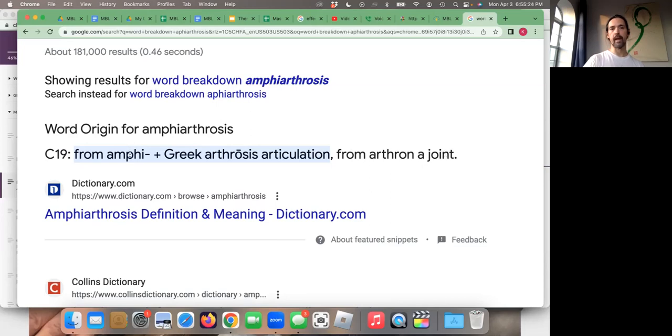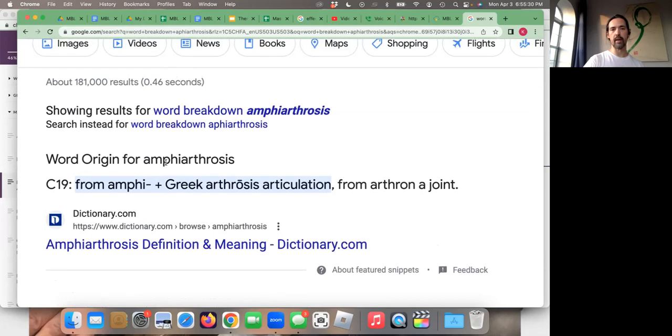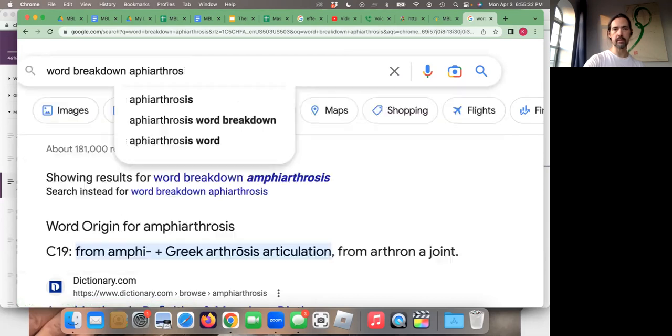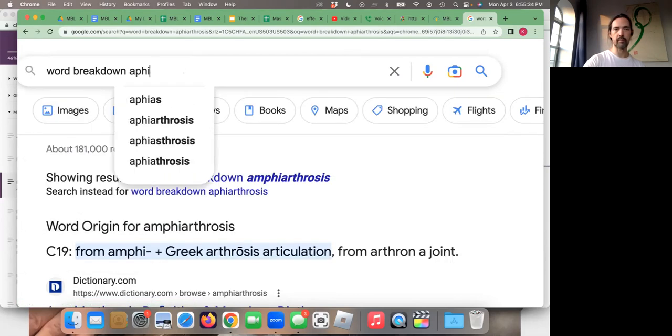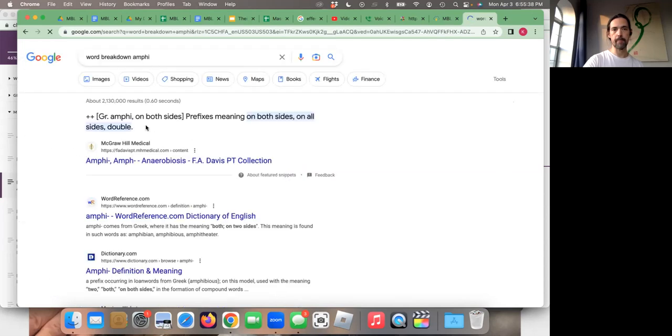So amphi plus arthrosis, which means joint or articulation. And I want to know what amphi means. So I'm going to do another word breakdown just for amphi. Amphi means on both sides or all sides or double.